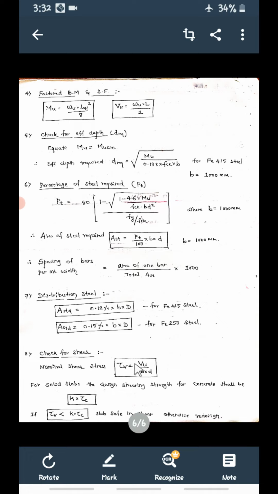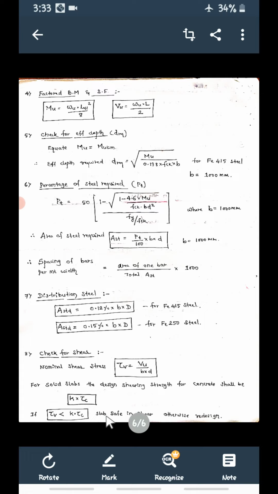If tau V is less than K into tau C, the slab will be safe in shear, and shear reinforcements are not required. Suppose tau V is greater than K tau C. Remember, shear reinforcements are not provided here, because the slab thickness is very less.